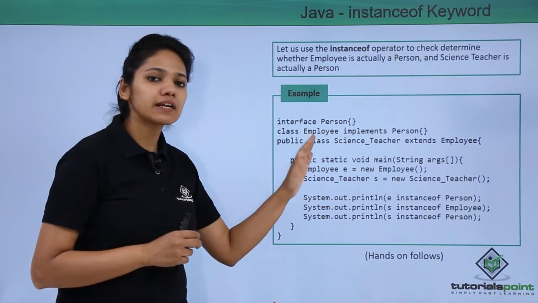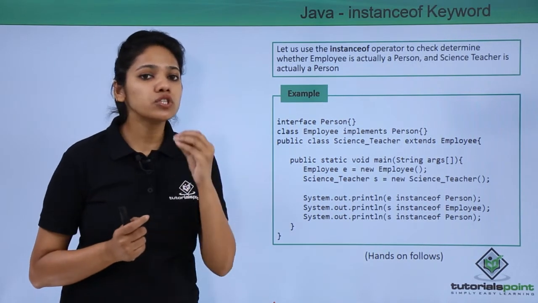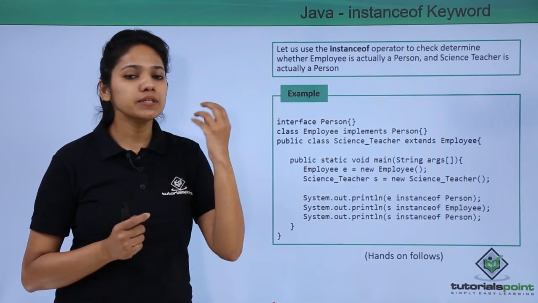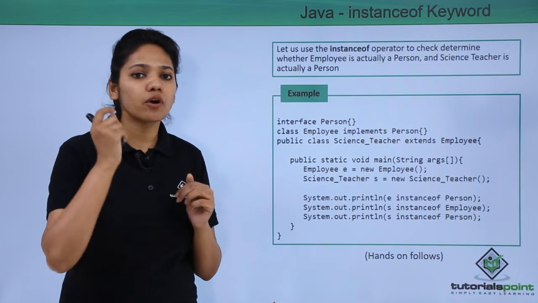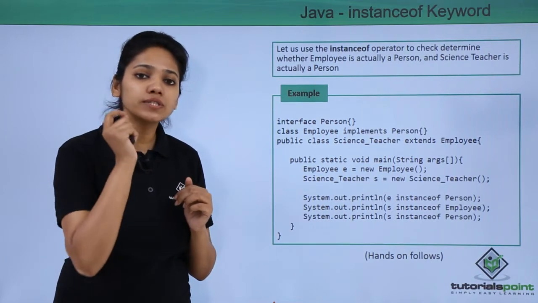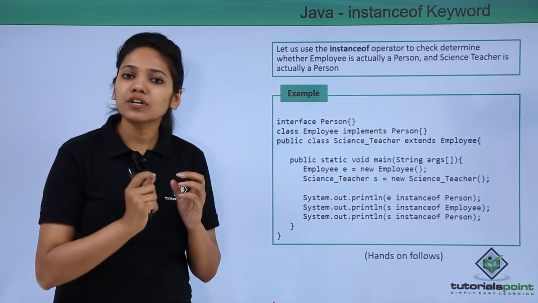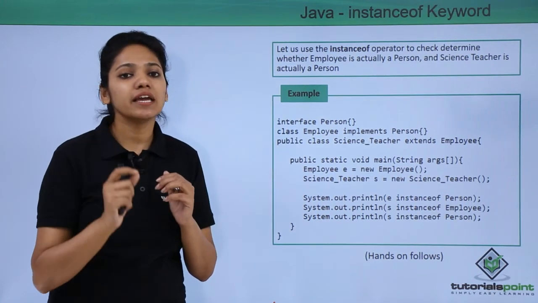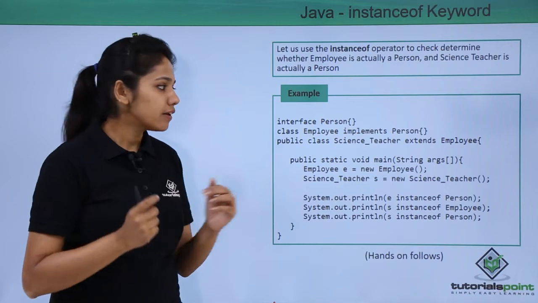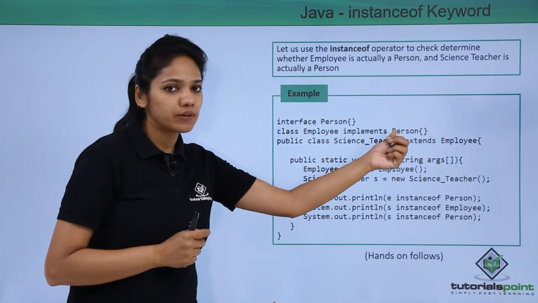Next, we have created a class called employee which wants to inherit the properties from its person interface. If you have to inherit the properties from your parent class, then you use the keyword extends. But if you are trying to inherit the properties from a parent interface, then you use implements. So we write implements person.